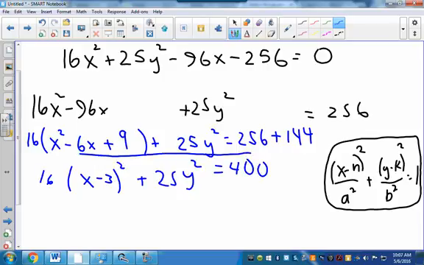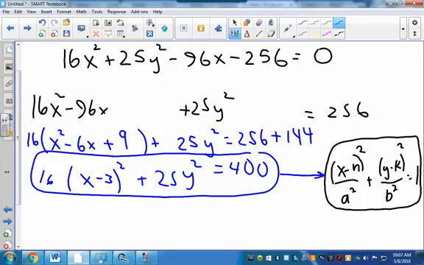Now, to get to there is not that terribly difficult. You had to do two things. You had to take out the 16, and you had to complete the square with x squared minus 6x. And hopefully that is something that everybody can do in a pre-calculus class. Once you get to this, you've got to make it look like that to get it in graphing form. The key, I think, is to realize the right side of the equation has to be 1. It can't be 400. It has to be 1. So what do I do to both sides?